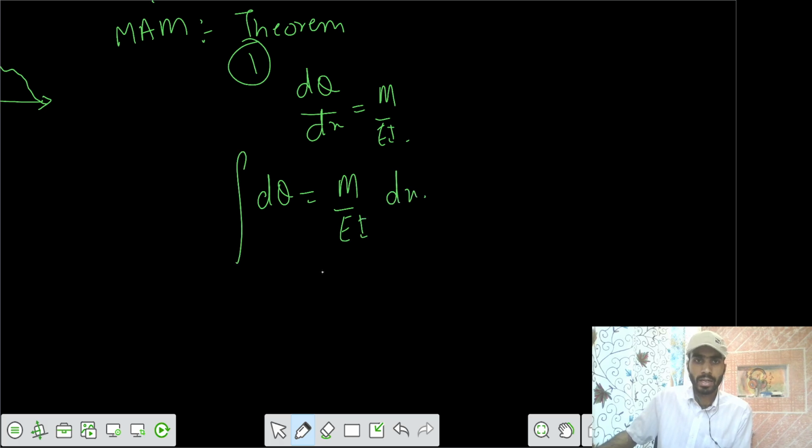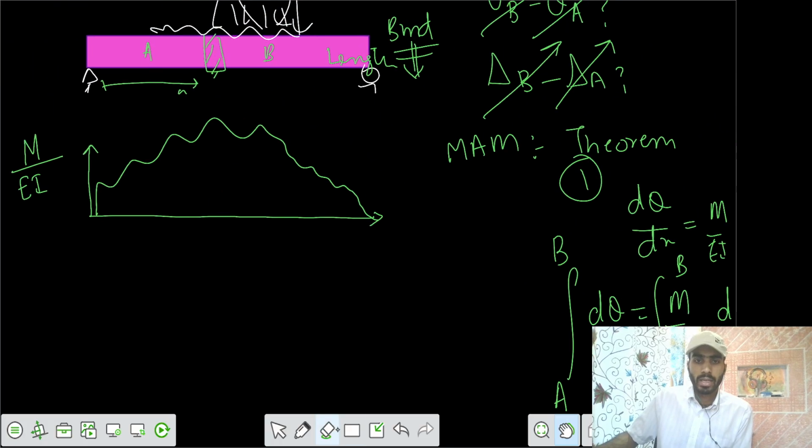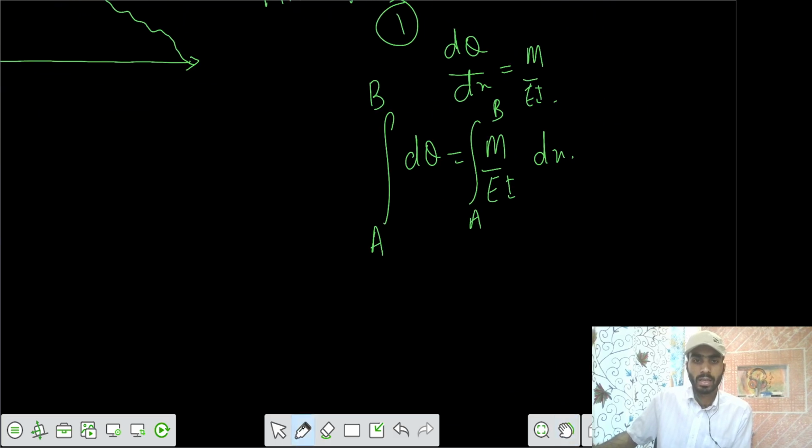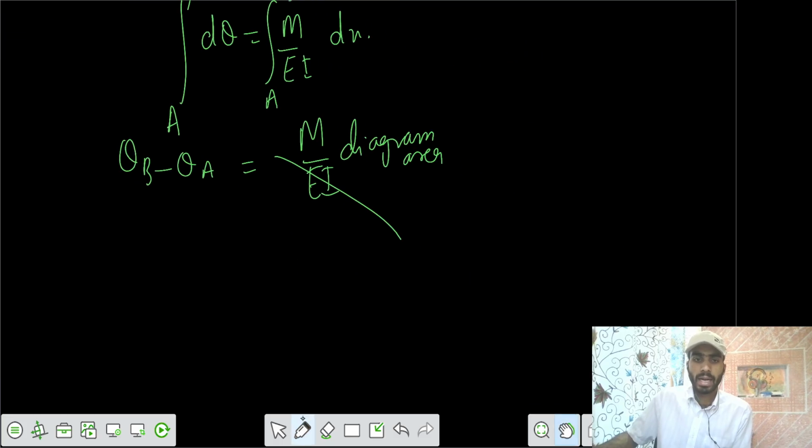Let's say you integrate it from point A to point B, and this one also from point A to point B. So you get, between point A and point B, there is some theta and delta, so we can write theta B minus theta A equals the M by EI diagram area between A and B.